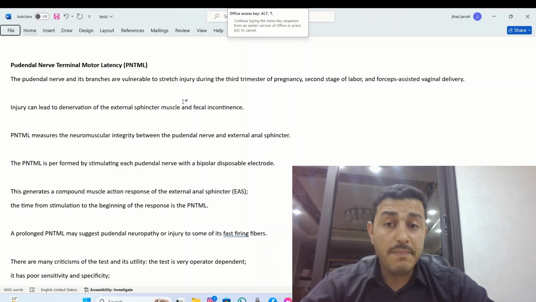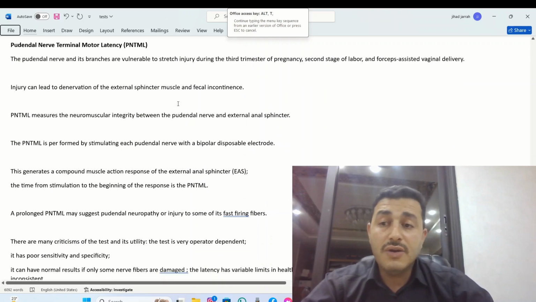The pudendal nerve can be injured, and this will lead to loss of nerve supply to the external anal sphincter and fecal incontinence.